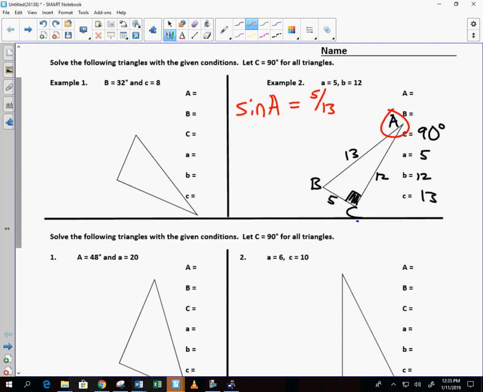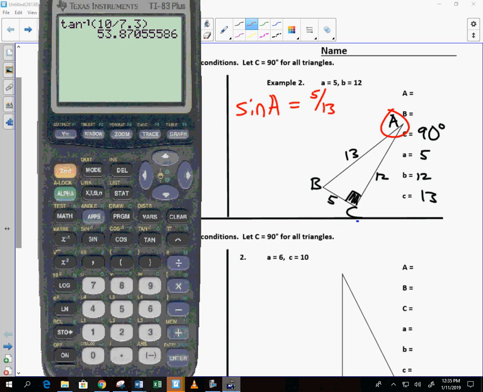We learned how to solve that on the previous page. I'm not going to write sine inverse on both sides to show the work. I'm simply going to take my calculator. If sine of angle A is 5 over 13, I simply do sine inverse of 5 over 13, and that produces the 22.62 degrees I'm looking for.